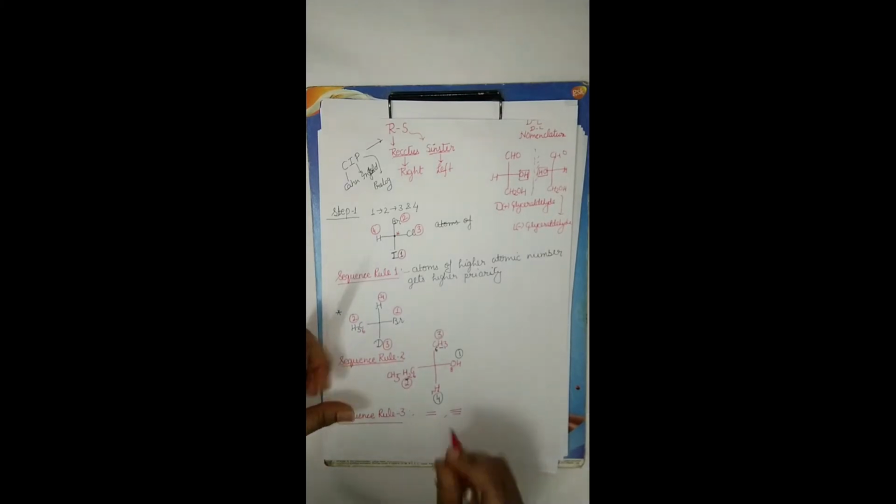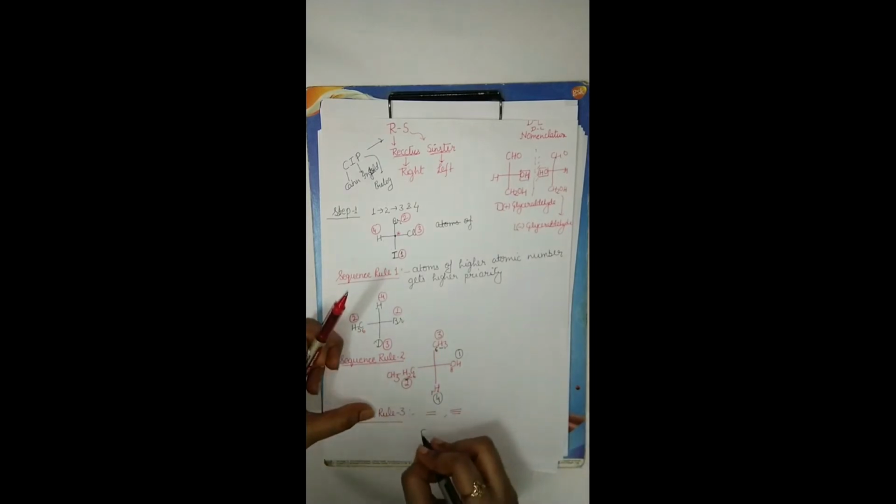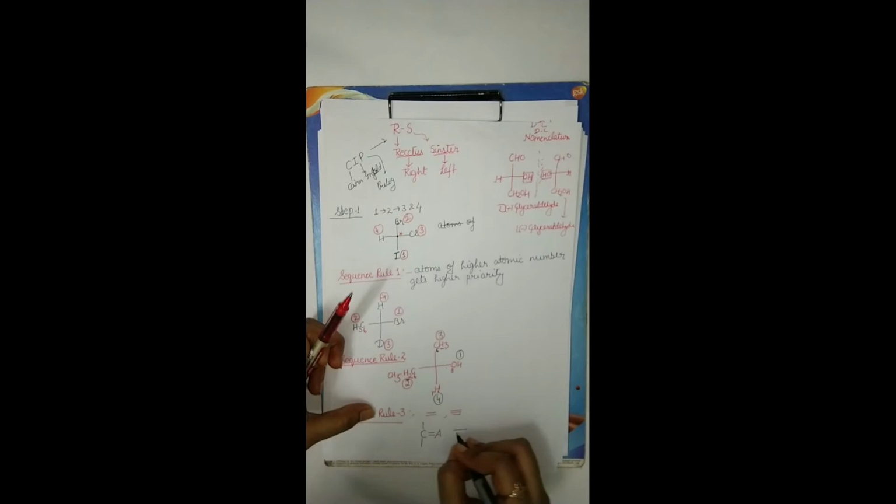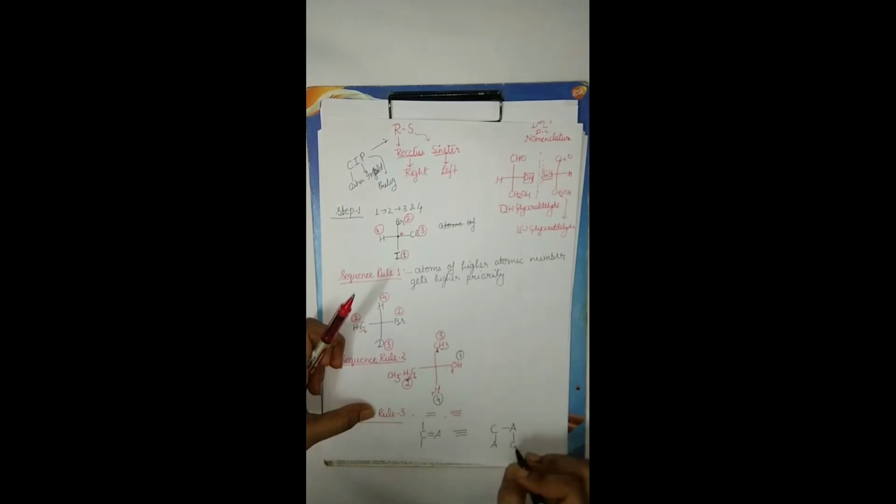I mean to say, if there is C double bond A, then it is equivalent to C with A, and here is also A, and this C is duplicated. Okay, if there is a triple bond, then it is triplicated.